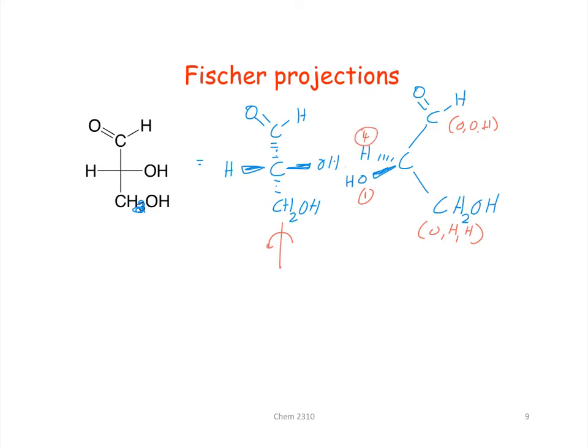Alright, so when we compare these, oxygen, oxygen, it's a tie. So we go to the next position, oxygen versus hydrogen. Oxygen's higher. And so this is 2, this is 3. We go 1 to 2, 2 to 3, 3 to 1.